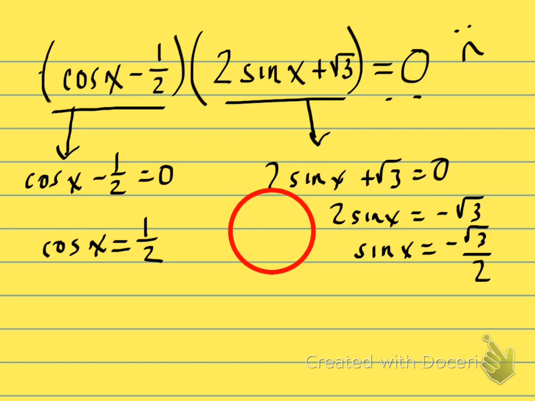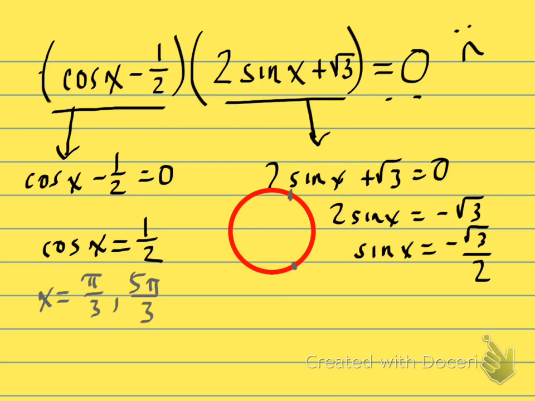And where are those numbers? Okay, so cosine equals 1/2. Let's call that right here and right there. Okay, so that means x equals pi over 3 and 5 pi over 3. That's where cosine x equals 1/2.